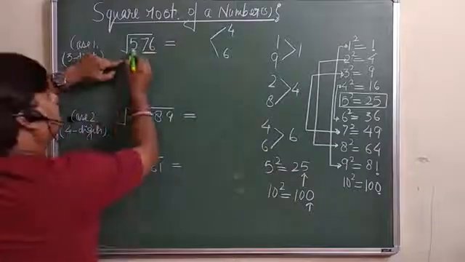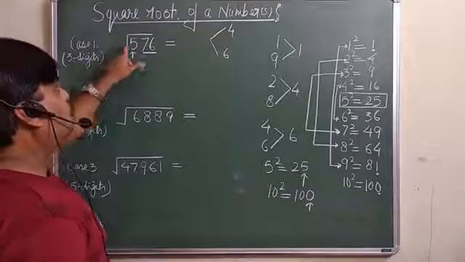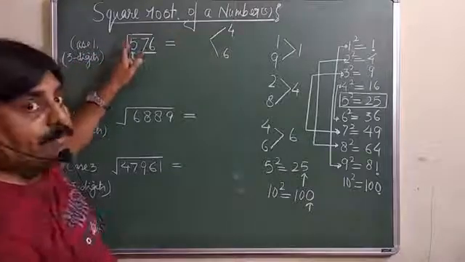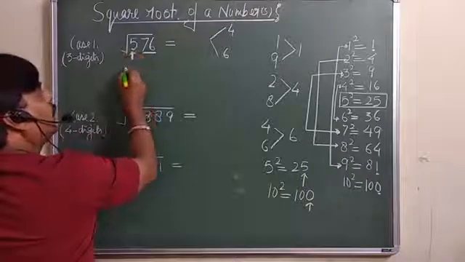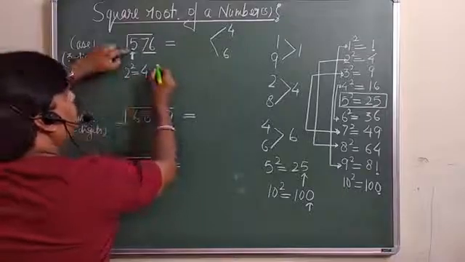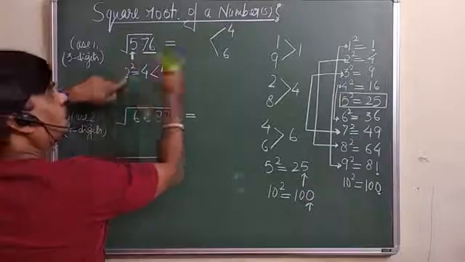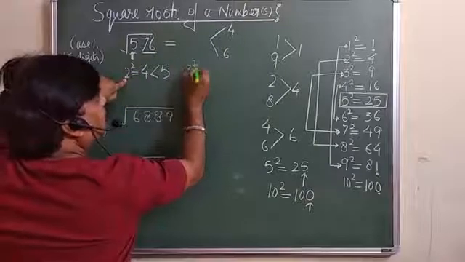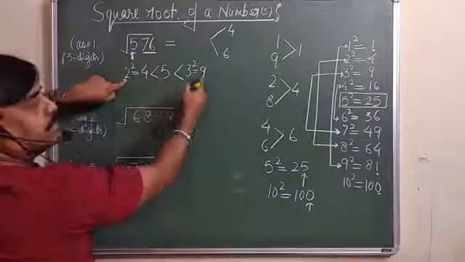Now you must see this digit 5. Just find the number whose square is very close to this number. Which number's square will be closer to 5? Like 2 square is 4, which is very close to 5, less than 5. And if you take the next number, 3 square is 9, and 5 is less than 9.